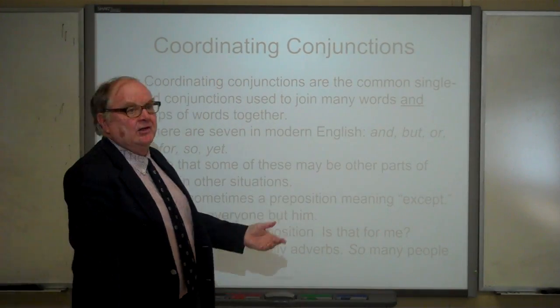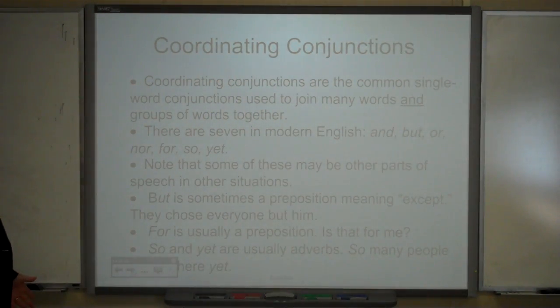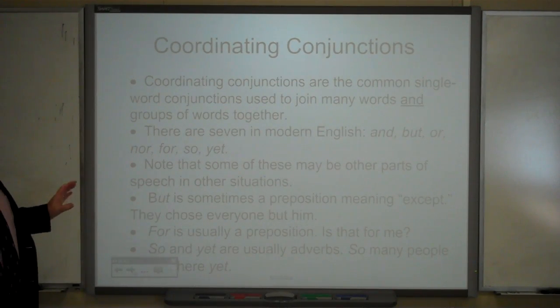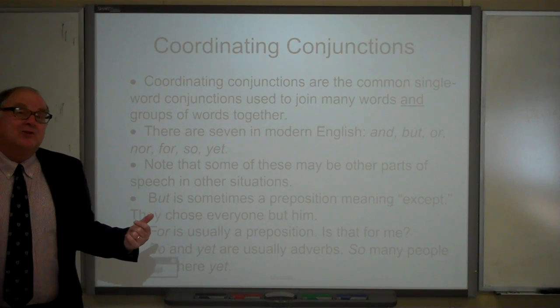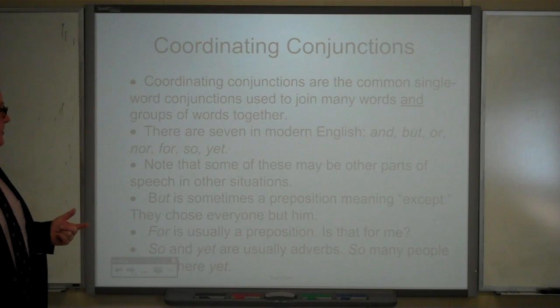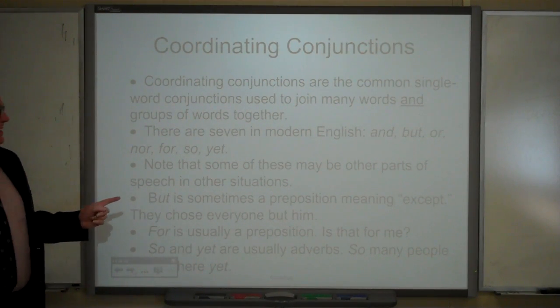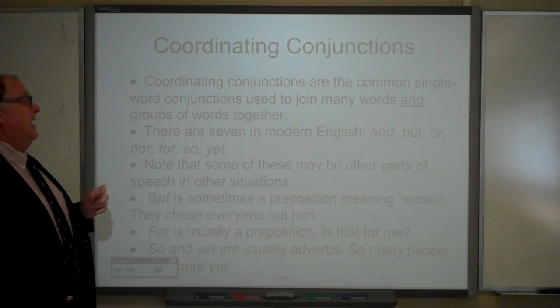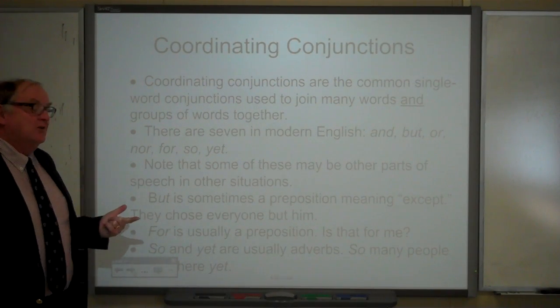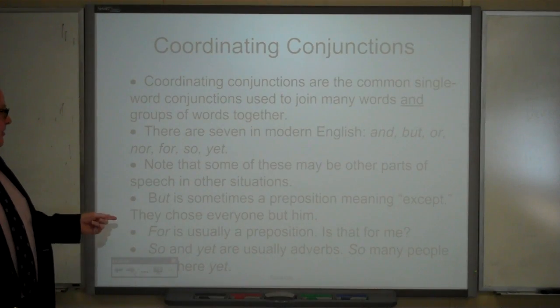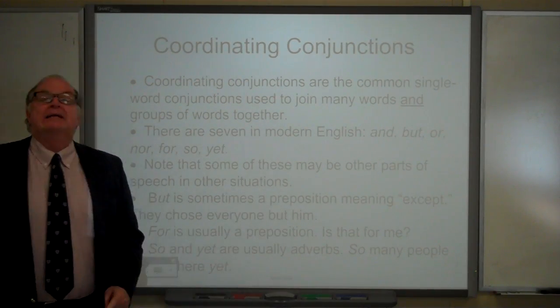Okay, coordinating conjunctions are the common single word conjunctions we use all the time. They join many words or groups of words together. And in modern English there are 7 of them: and, but, or, nor, for, so, and yet. And in this sentence is the coordinating conjunction. Okay, keep in mind that some of these words can be other parts of speech. But is usually a conjunction, but sometimes it may be a preposition meaning except. You know, they chose everyone but him.